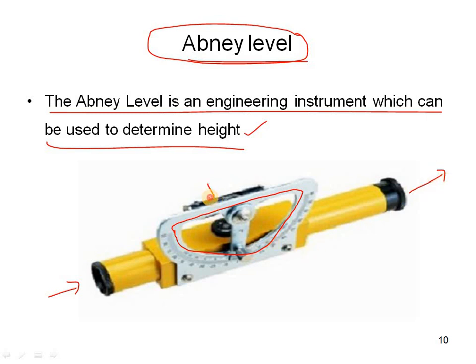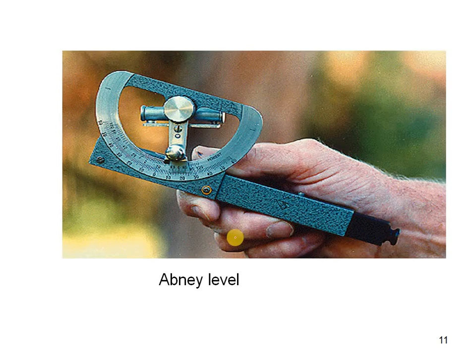This is known as the bubble tube. So this is the actual Abney level, the person is carrying it in the hand. You can observe here this is the eyepiece portion, where we have to see the readings on this vernier scale which is matching to the point.